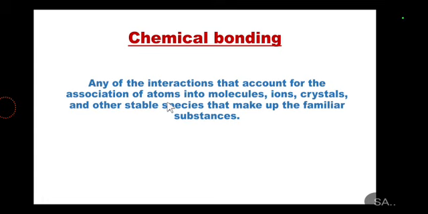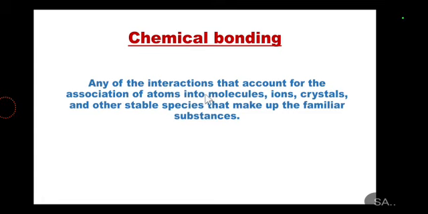Except for noble gases, every atom requires stabilizing itself. So how does it stabilize itself? It stabilizes itself with the help of chemical bonding, which is forming association among the atoms.